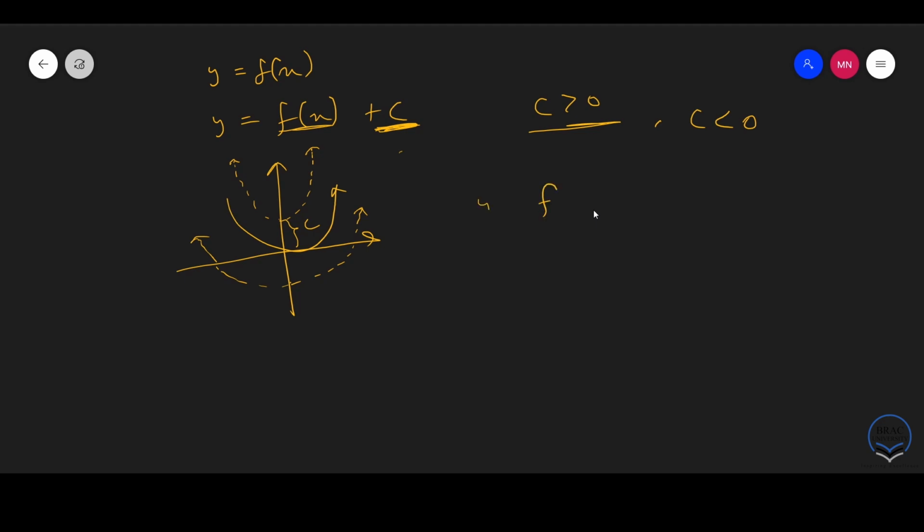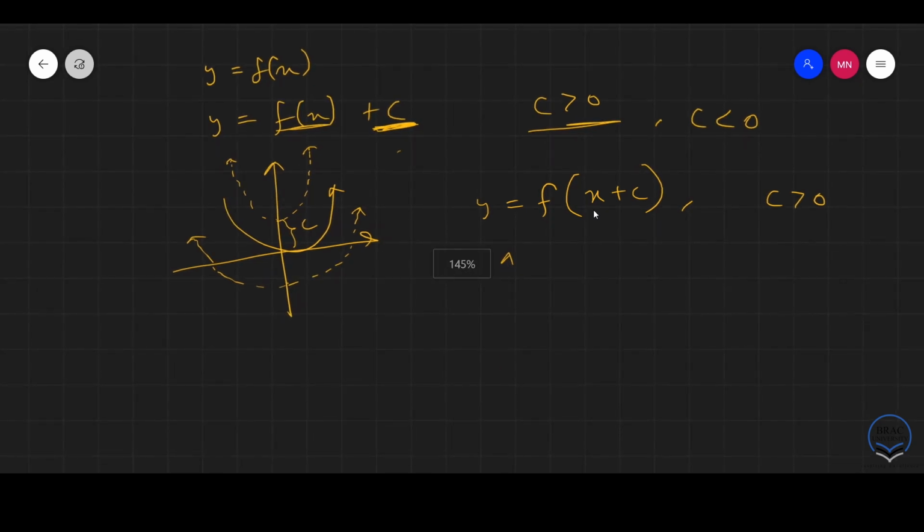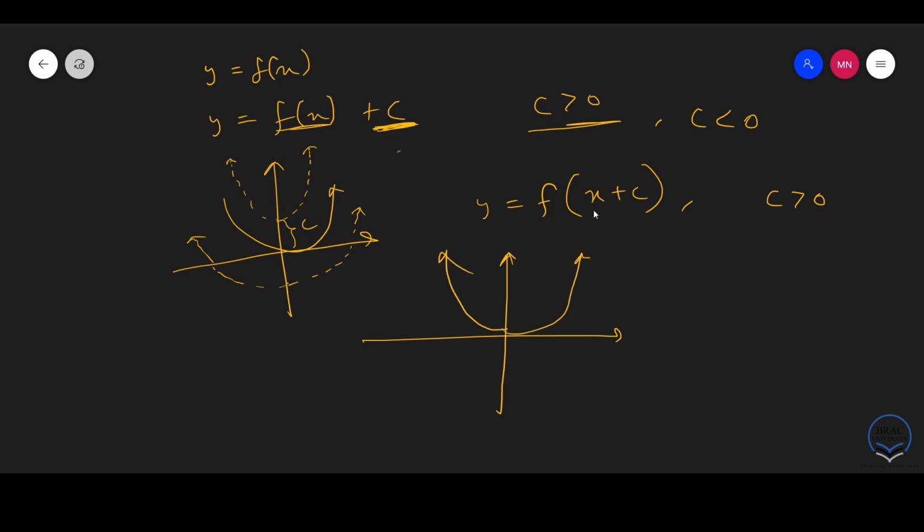And instead, if we added c units to our variable x inside our function, then in this case there will be a horizontal shift. Instead of a vertical shift, we will have a horizontal shift. And if c is positive, so if we started off with this graph and we added a positive c unit to our x variable, then the graph of the function will be shifted to the left by c units.